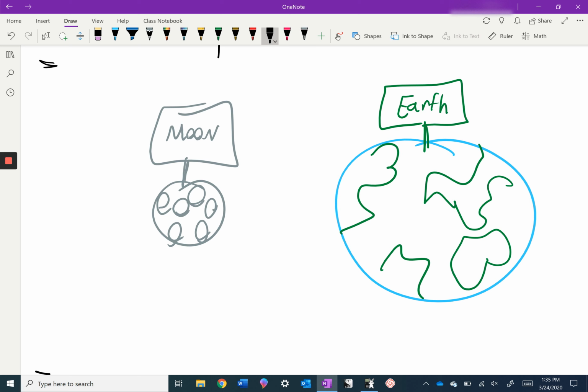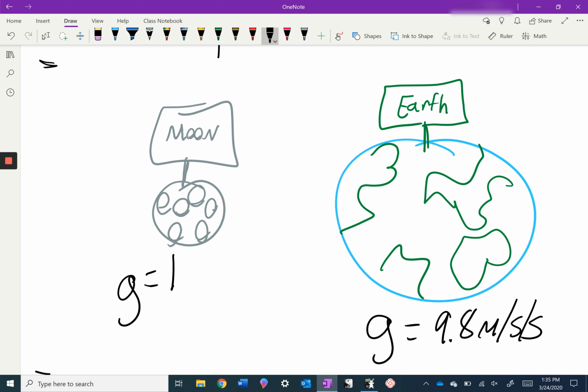The Earth has a gravitational field strength or an acceleration due to gravity of 9.8 meters per second. The moon, however, has a little g of 1.6 meters per second because the moon is a whole lot tinier than the Earth.